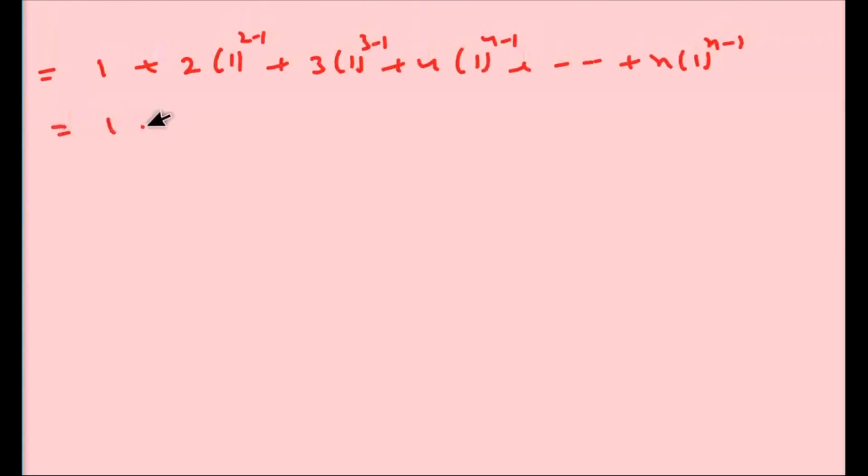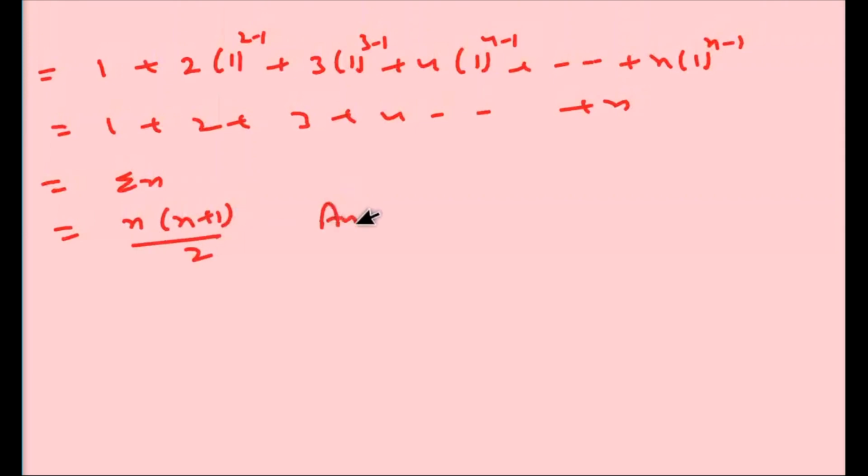So we can write here 1 plus 2 plus 3 plus 4 plus up to n, that is equal to sigma n, and you know the formula for sigma n is n into n plus 1 upon 2. This is your required answer.